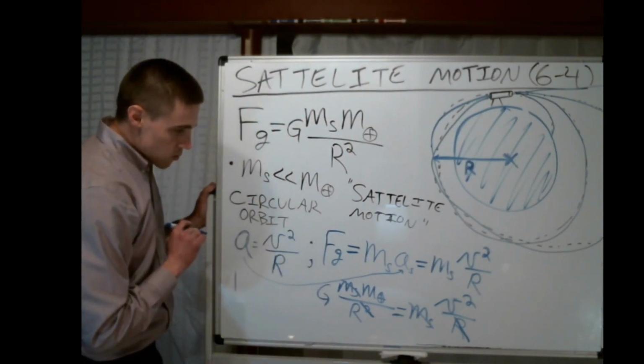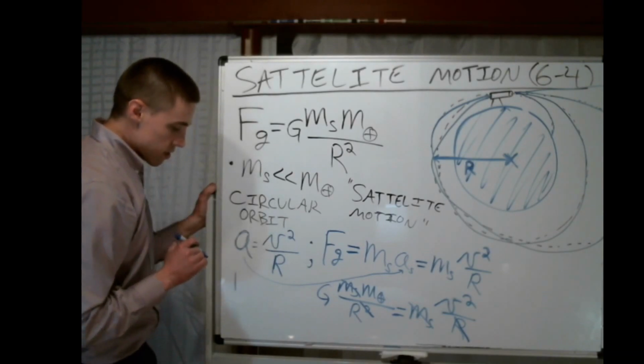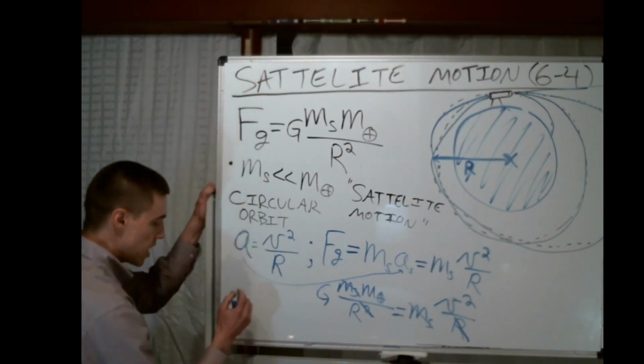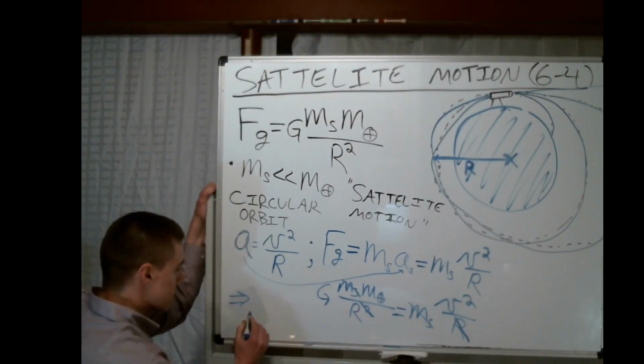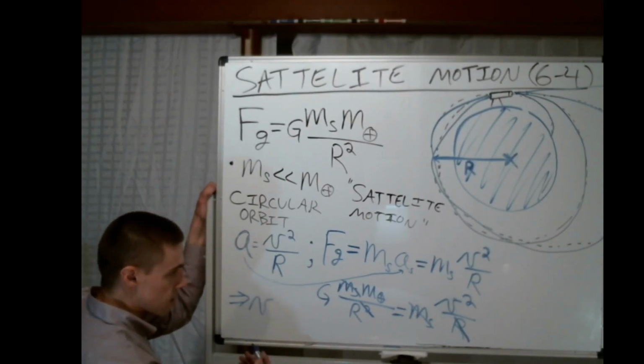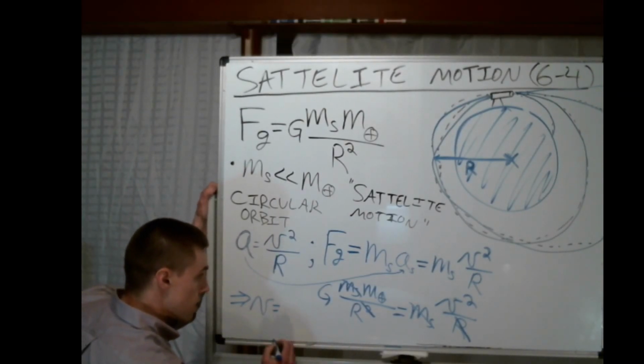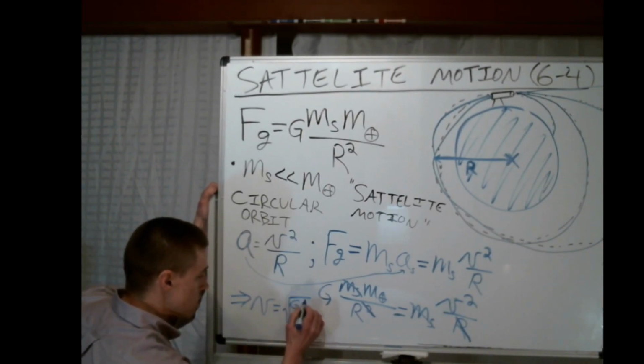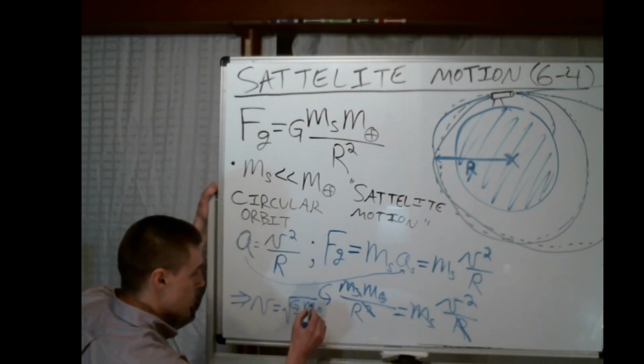And if I take the square root of both sides, I've just derived the velocity of a satellite. That would be the square root of G, Newton's gravitational constant, times the mass of the Earth, divided by r, the radius of the orbit.